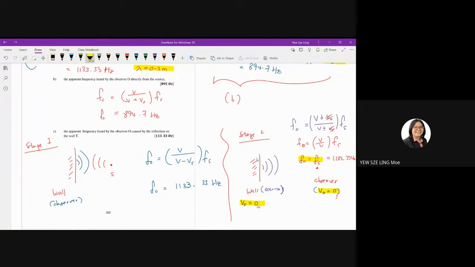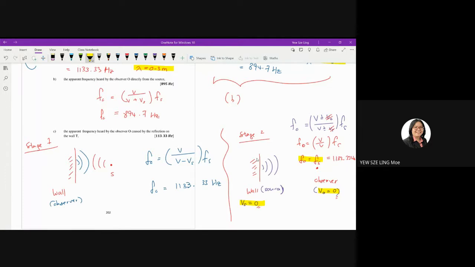So when it comes to question C, sometimes students cannot answer this question because they don't think in terms of which one is the observer and which one is the source. They cannot imagine the wall acting as both in the same question. So in stage 1, the wall is acting as an observer because it's receiving the sound wave from the source. But in stage 2, it is acting as a source because it reflects the wave.